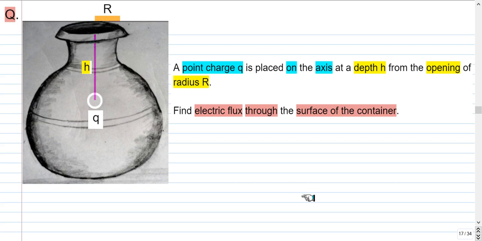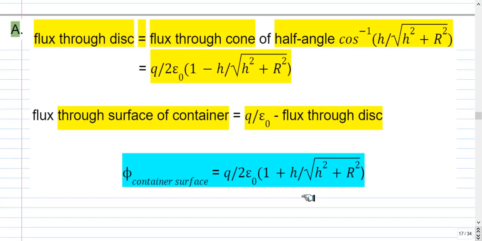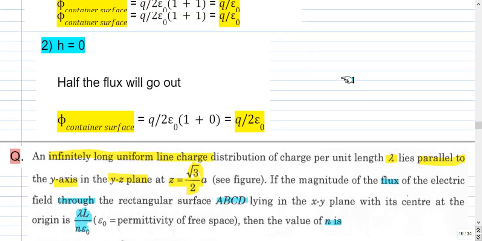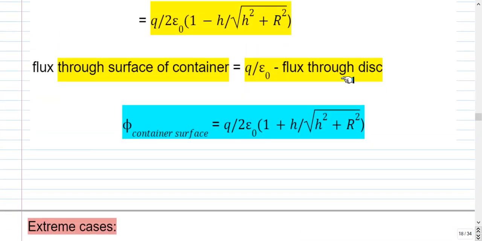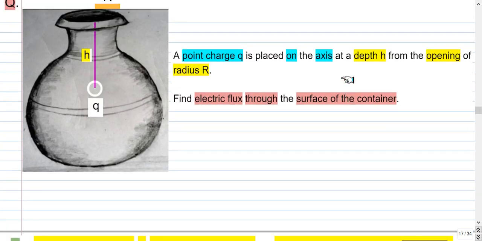So to find the flux through this circular opening, use a standard result. That is, the flux that is passing through a cone of half angle alpha is q by 2 epsilon naught into (1 minus cos alpha). So using that result, here in the cone you have to find the half angle.